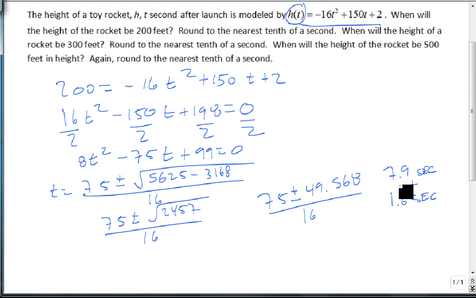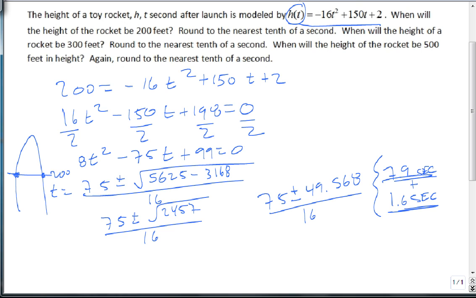So my two answers for when my rocket is going to be at 200 feet are at 1.6 seconds and at 7.9 seconds. So it's going to go up, and then it's going to come back down. If here's 200 feet, 1.6 gets us to here, 7.9 gets us to here.